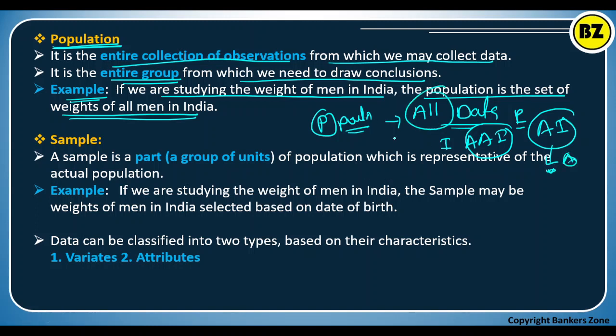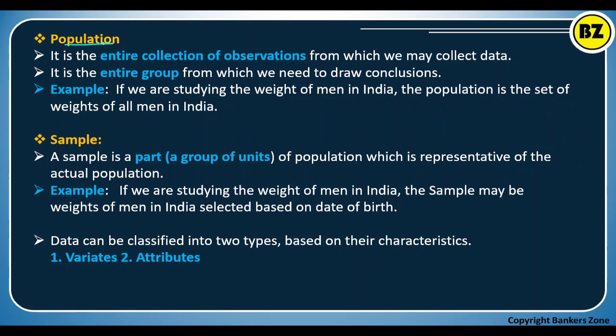Population means all, not a sample. Remember the difference between population and sample. Population means all data, the entire group, the entire collection of observations.